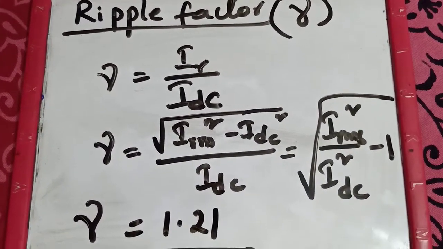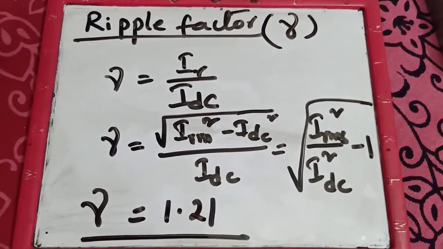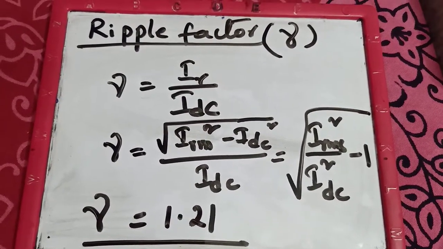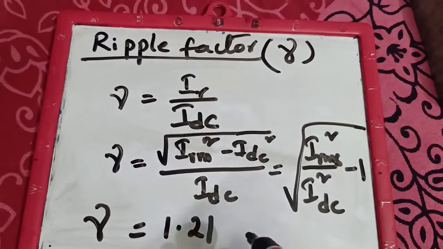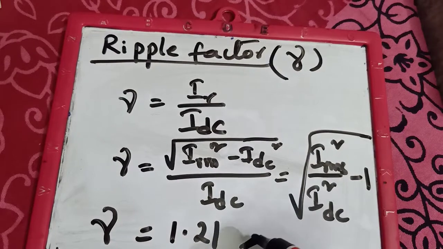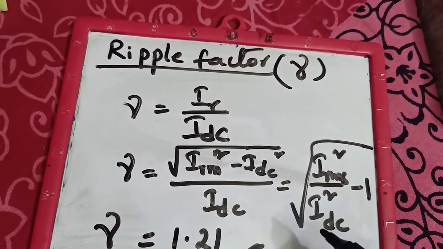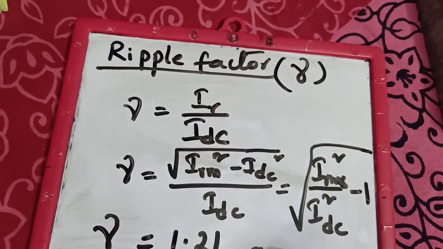How can we conclude this? Gamma equals 1.21. What it shows is that the AC components present in the output are large, and so the efficiency of conversion of AC voltage to DC voltage is low for a half-wave rectifier.